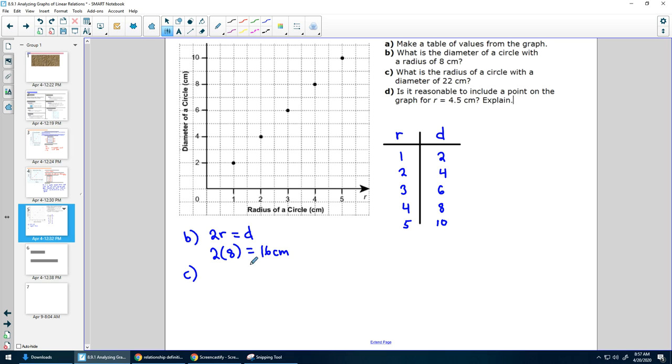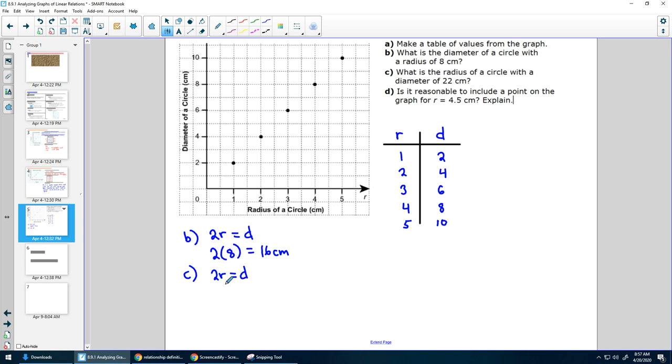C. What is the radius of a circle with a diameter of 22 centimeters? So now we're working backwards a little bit. If we know that 2 times r is equal to the diameter, then how would we find out what r is? Well, we want to isolate our variable r and get that on its own.